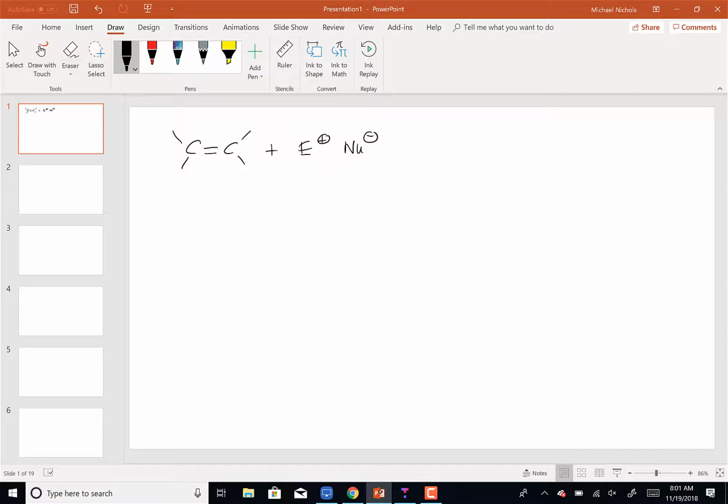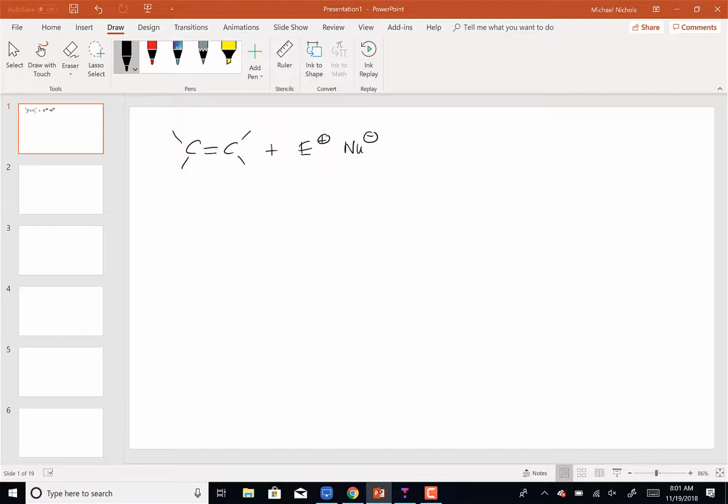What's the double bond? Is it an electrophile or a nucleophile? It's a nucleophile because it's electron rich. So we need some electrophile in here to make these react, because an electron-rich nucleophile doesn't normally react with something electron rich. There needs to be an electron-poor species in there.